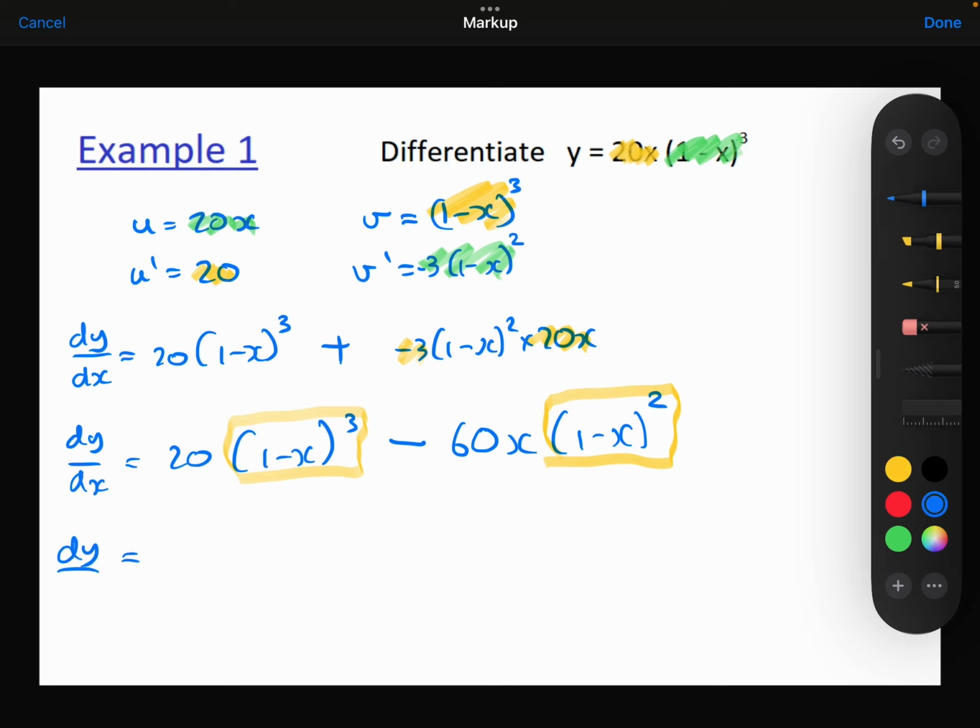So I'm going to factorise that 1 minus x squared outside, which will leave from the first bracket a 20, and I will still have 1 power of the 1 minus x.